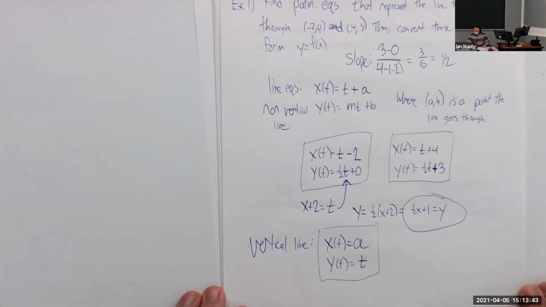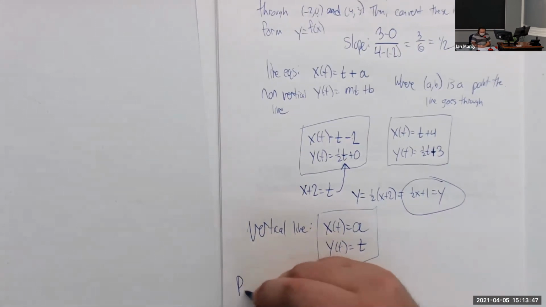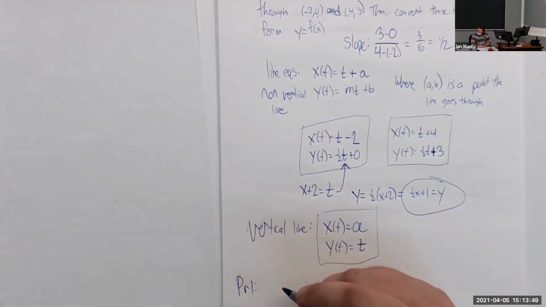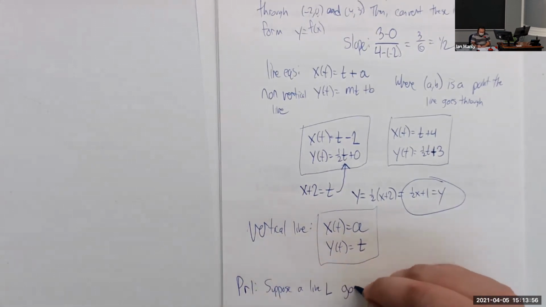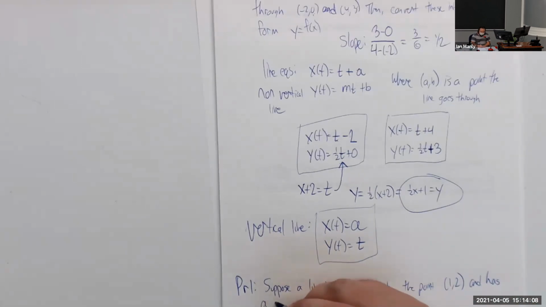All right, so for our next problem here, I want you guys to give this a try now. Practice 1. Suppose a line L goes through the point 1, 2 and has a slope of -3.